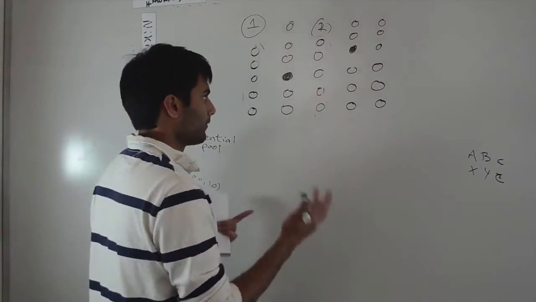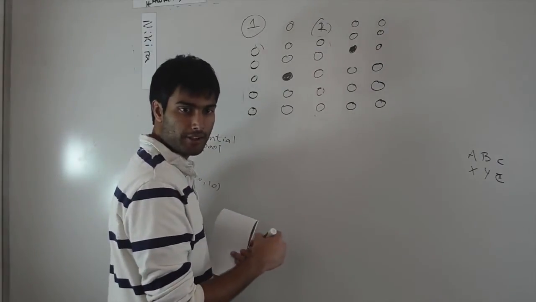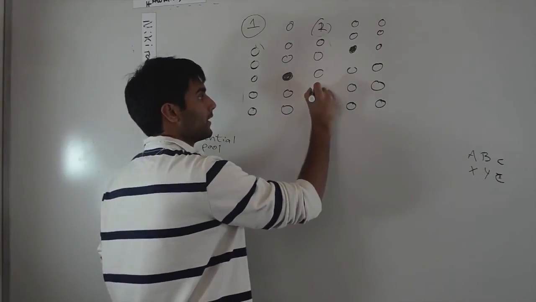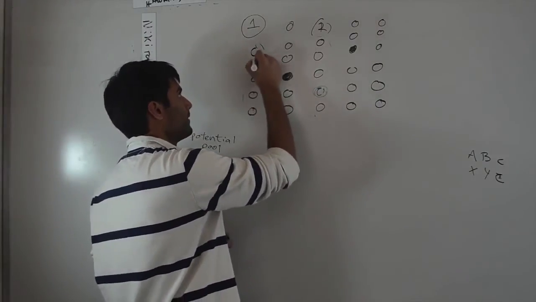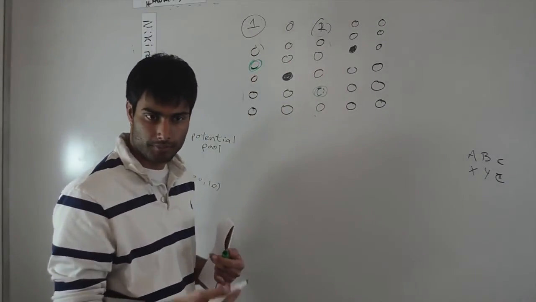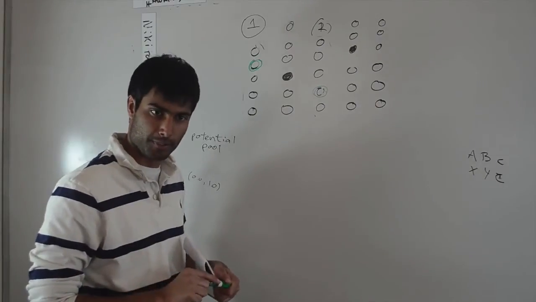So hypothetically, say we have these 2 cells active in the current time step. They may be predicting that this cell and this cell are going to fire in the next time step because of the history. And we can talk about how they learned those in the first place.